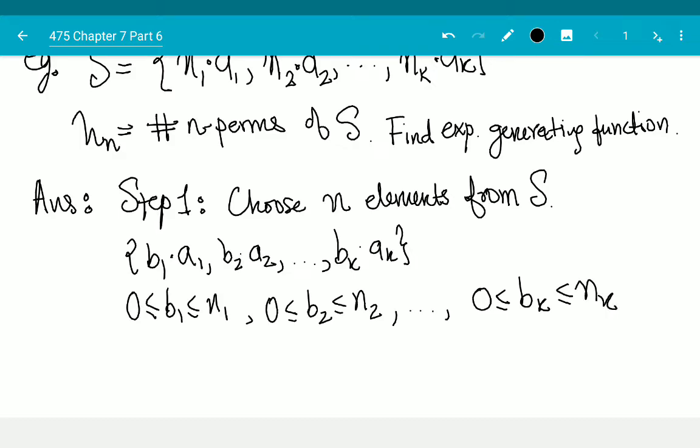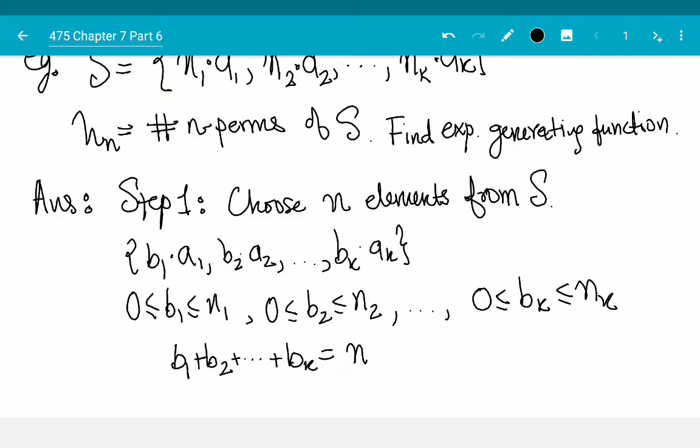This is the maximum size, and b1 plus b2 plus dot dot dot plus bk should exactly be equal to n, right? We are trying to choose exactly n of these.